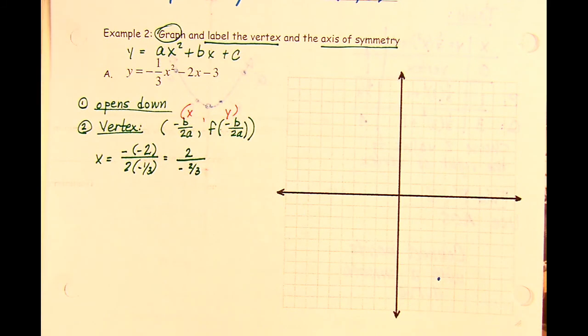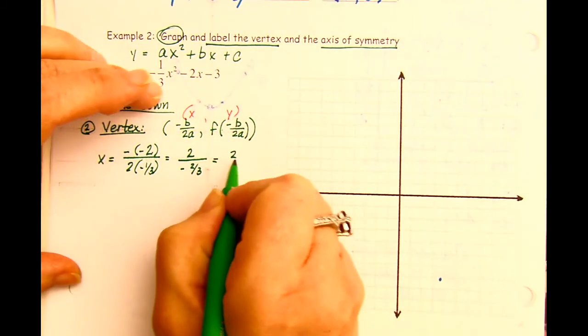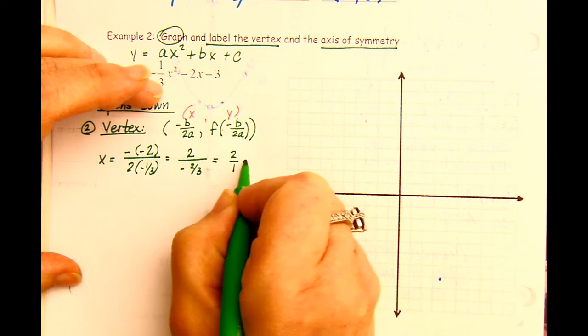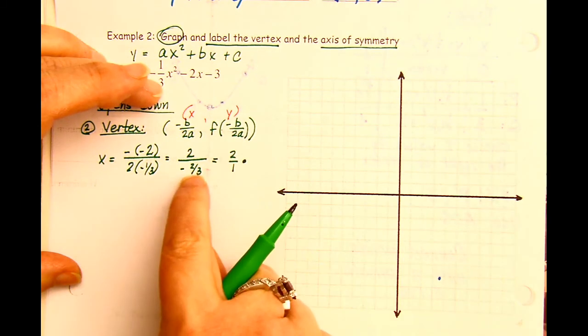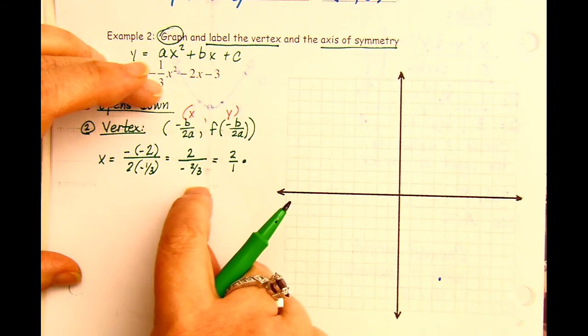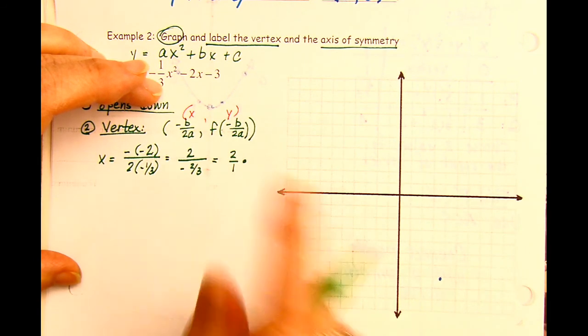Folks, you got to multiply by the reciprocal. You know, this really means 2 over 1 multiplied with the flip of this, okay? Because this is really 2 over 1 divided by negative 2/3. We change the division to multiplication and invert the divisor.